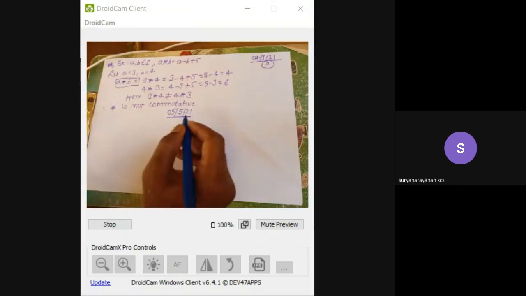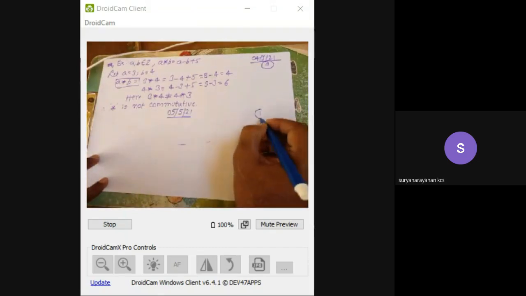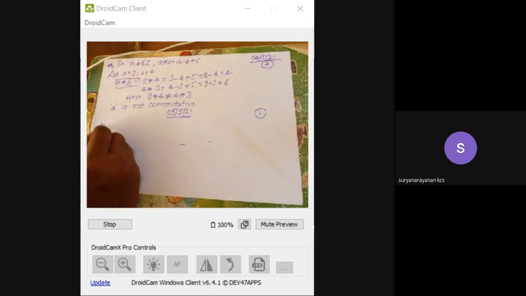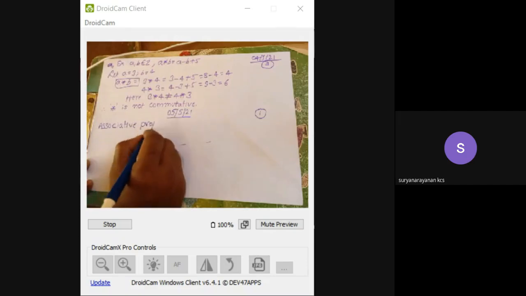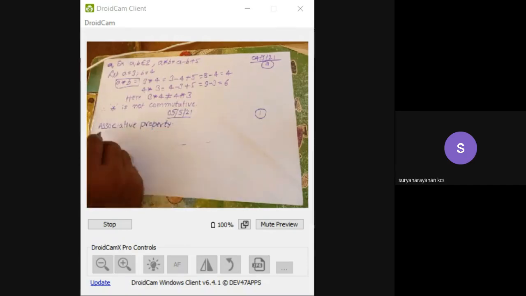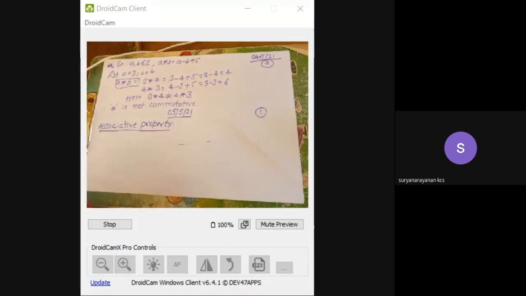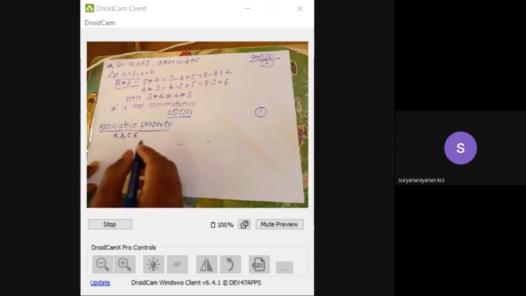Now, come to the next property. That is associative property. Do you remember this property, my dear children? In earlier classes you have also studied it. Suppose three numbers are there. Let us take a set of integers and the operation is plus.